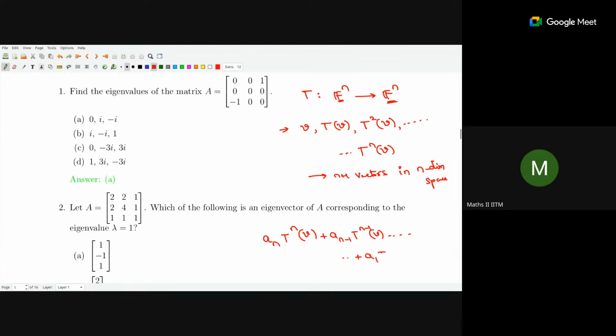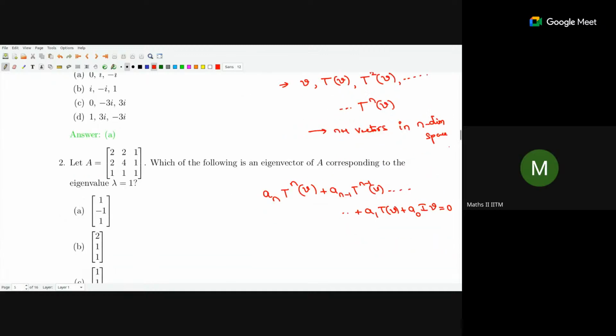Finally, we have a1 Tv plus a0 I v. You cannot write v, you should write Iv. All these are operators, and you just take an identity operator. Iv is also nothing but v, but just not to have any irregularities, we take I.